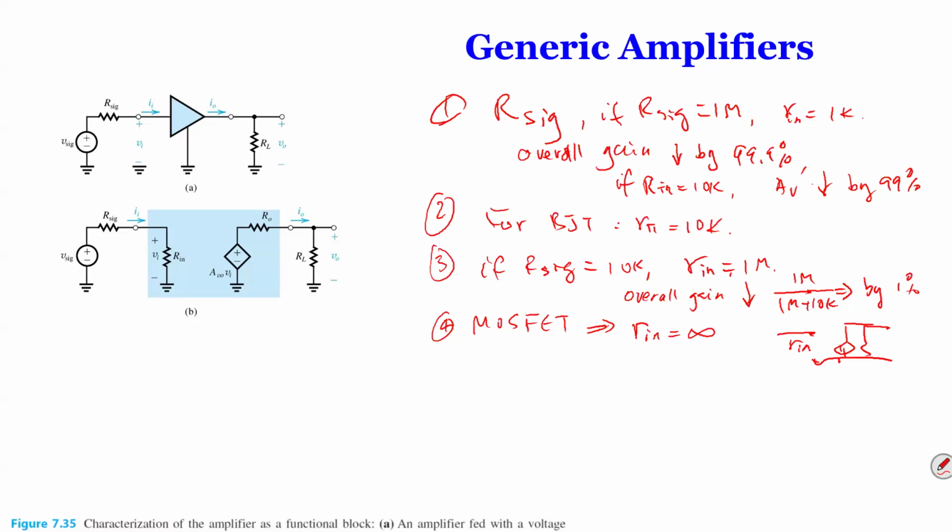So for MOSFET, the input is really good. Eliminating the R input not only simplifies your overall analysis, but also has a real advantage, that it has infinite input resistance, okay?